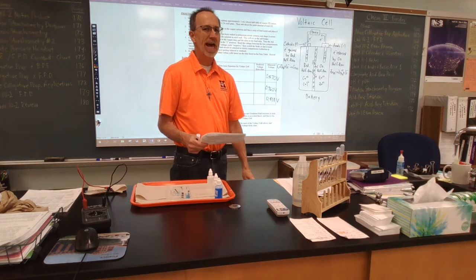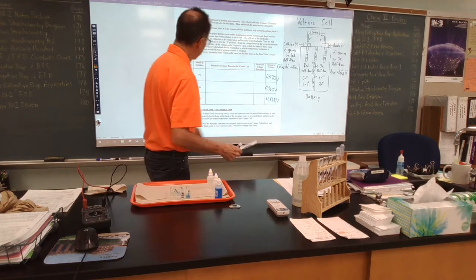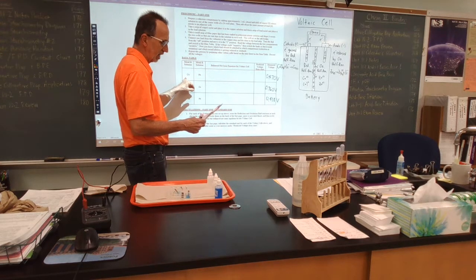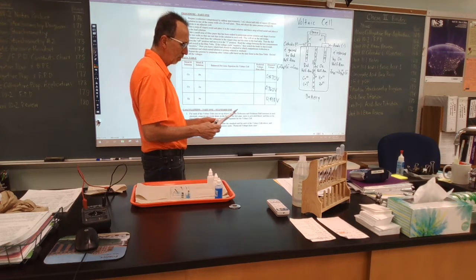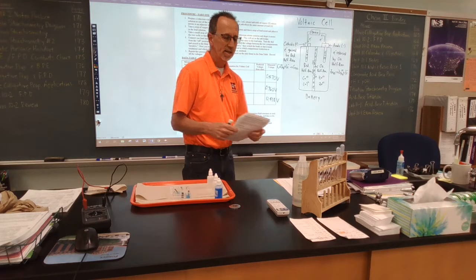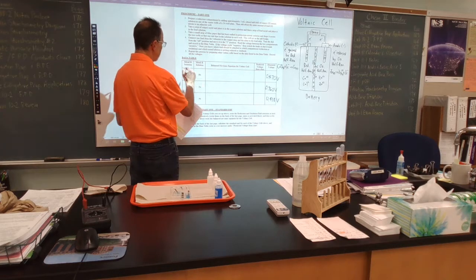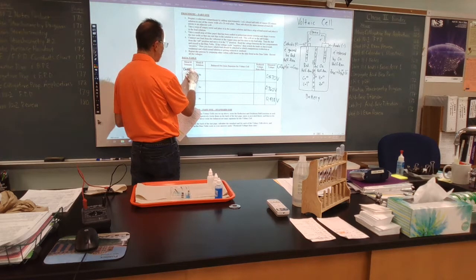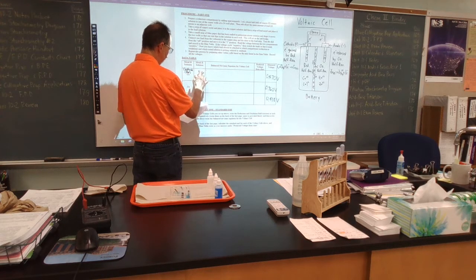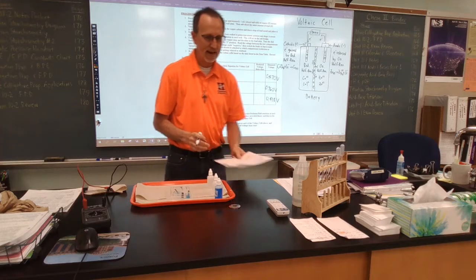If I look up the two half reactions for those two electrodes, I see that copper has a more positive E than does lead. So then I know for a fact that the copper one is going to be my cathode half reaction, which is reduction, and my lead half reaction will be my anode. So that will be my oxidation half reaction.